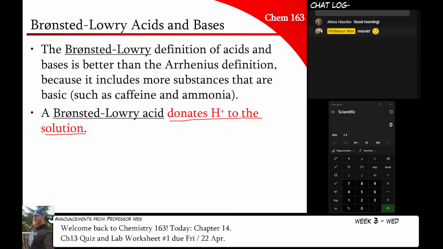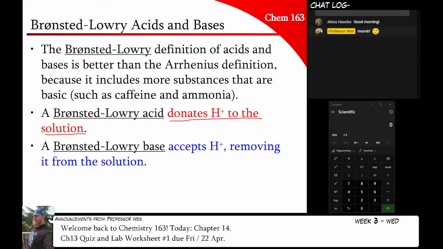Now, what will a base do? A base will accept it from the solution. I'm a Bronsted-Lowry base, I will react with your H+. So bases, like we said on Monday, neutralize acids. So we're going to use that as our definition. A base is anything that reacts with H+, according to Bronsted-Lowry. Now that's going to incorporate things like this.